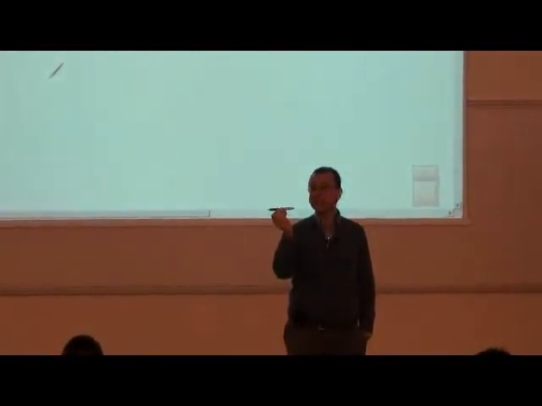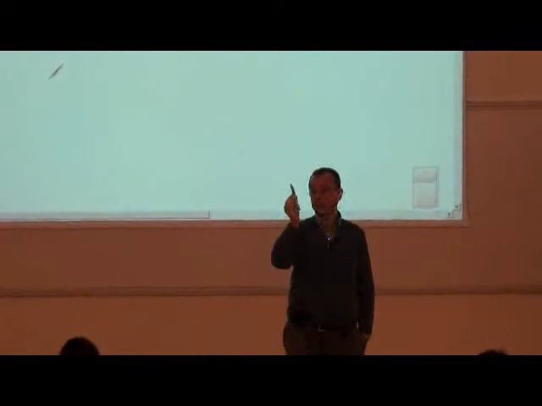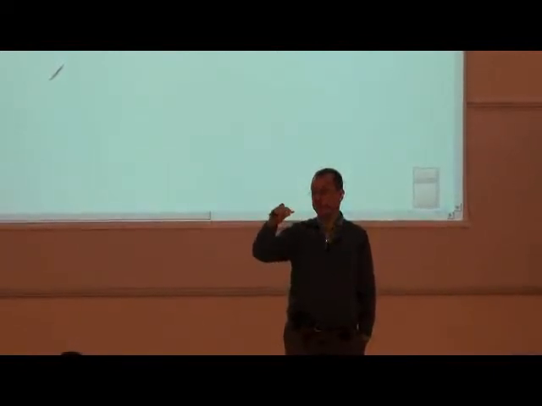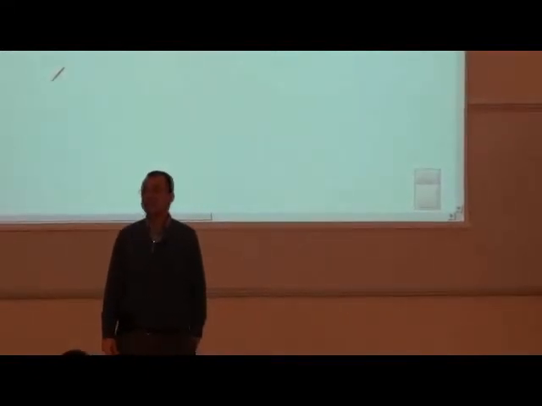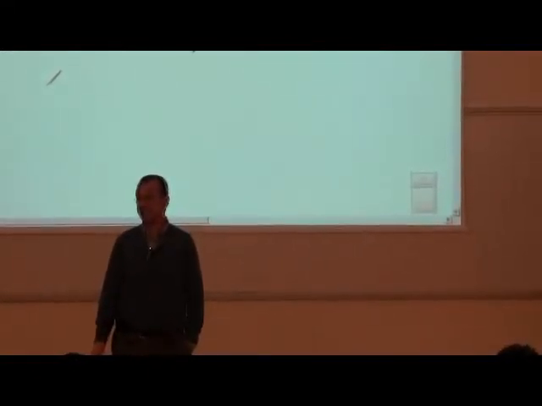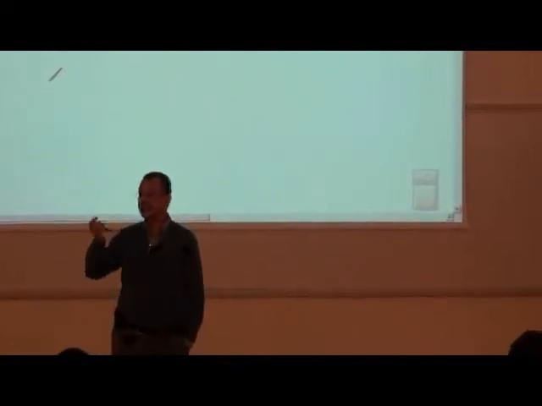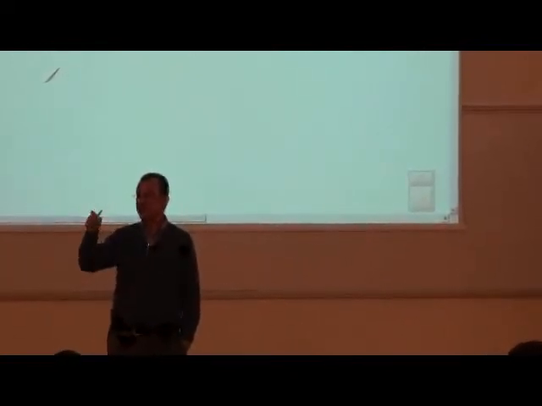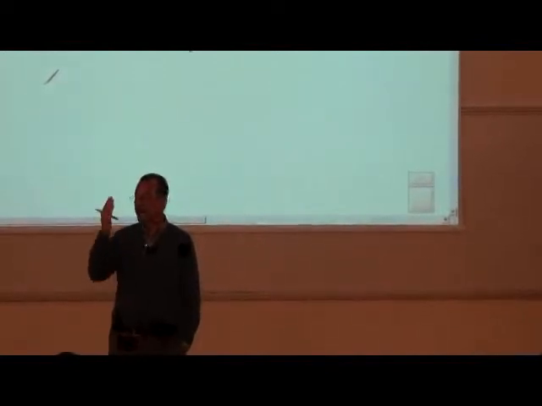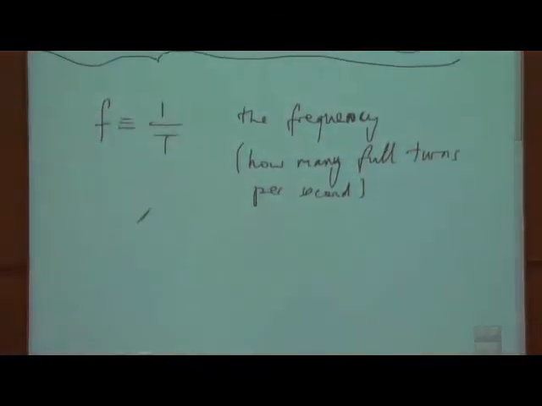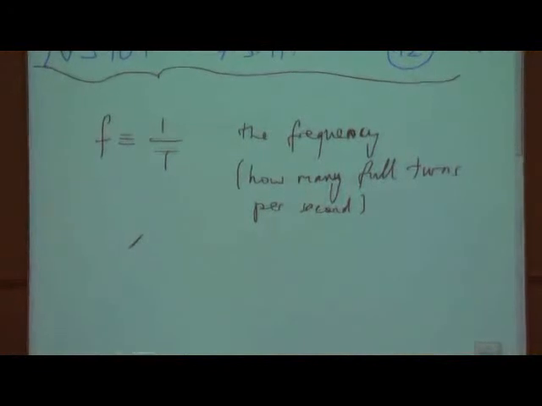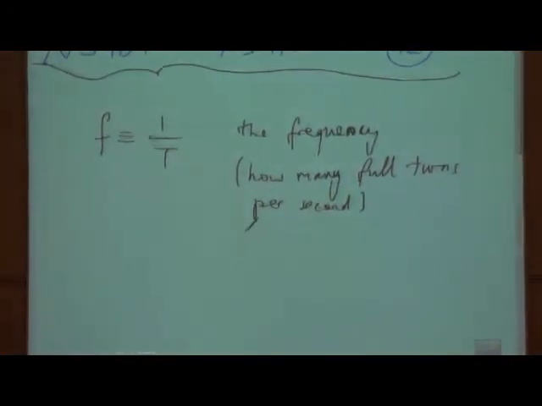We have another concept, the frequency, f. What is it? It's how many full turns per second. For example, if the period is 5 seconds, f is 1 over 5, which is 0.2.